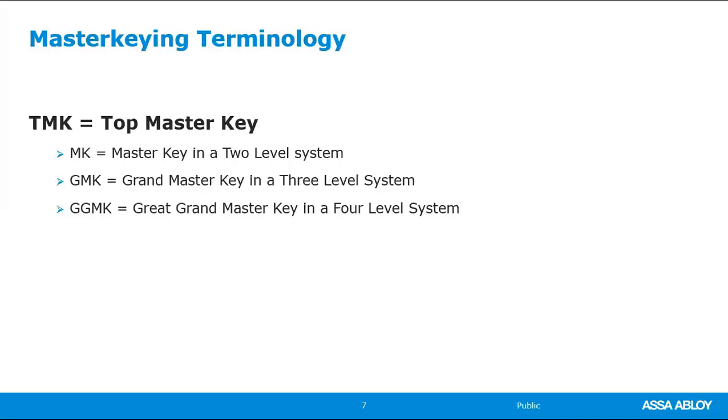But the vast majority of your systems are going to be 4 levels or less. Now, your change key, that is your bottom level key. That is the key that only fits that lock.